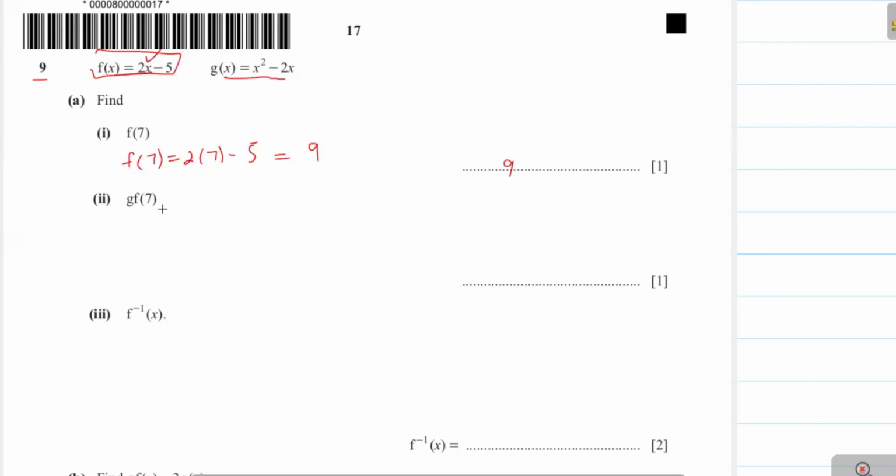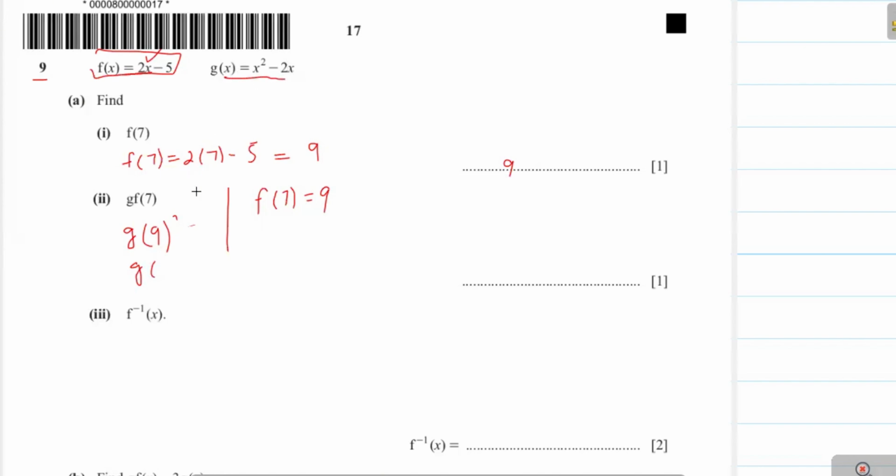Next is gf of 7. Firstly, we will calculate f of 7. Look here, f of 7 is 9. Therefore, we can write gf of 7 as g of 9, and g of x is equal to x squared minus 2x.